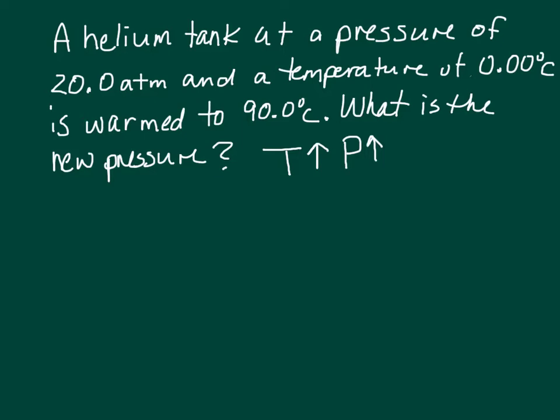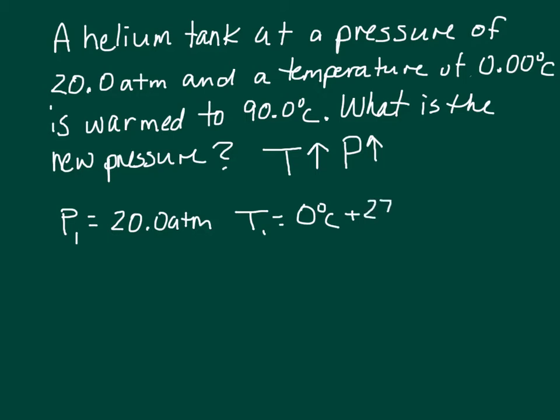Okay, so now let's set up our initial and final conditions. So, pressure 1, 20 atmospheres. At a temperature 1, 0 degrees Celsius. So we're going to keep it at 0 degrees Celsius? No, we're going to add 273 because if we're going to multiply by 0, we just get 0.